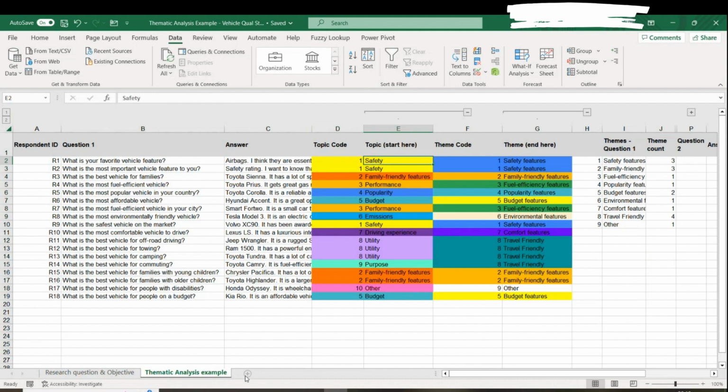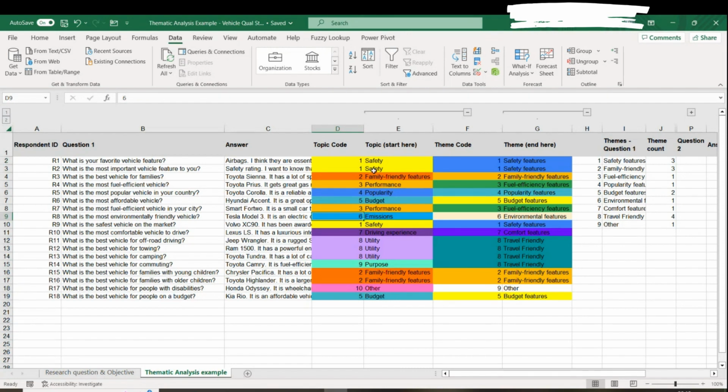You could have a separate tab where you have your topics and themes, and if you pre-created them, you can have them there, so that when you're reading through or creating your thematic analysis template, you can just start having your topic codes, and you would know what code number 1 means or code number 6.